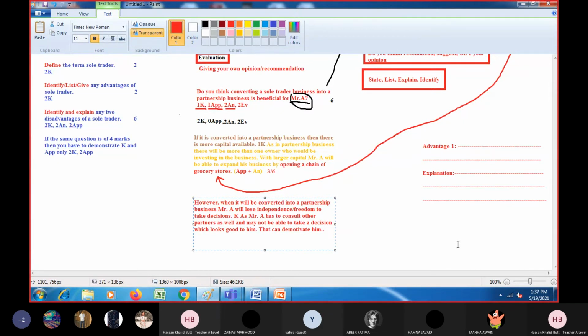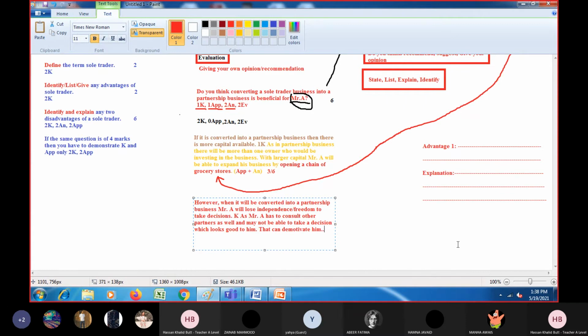For example, if the name of the grocery store is Grocers and you write the word Grocers, doesn't matter how many times you write it, you cannot get even a single mark for application, because names which are there in a given situation are not considered as application. So even the name of the owner is not an application. So actually there is no application demonstrated by me in this part.